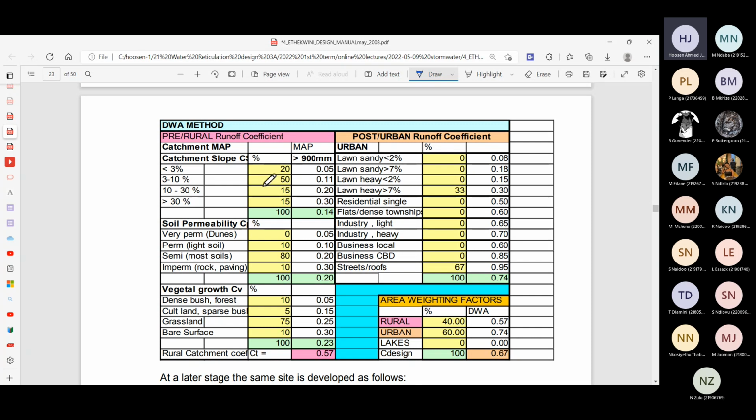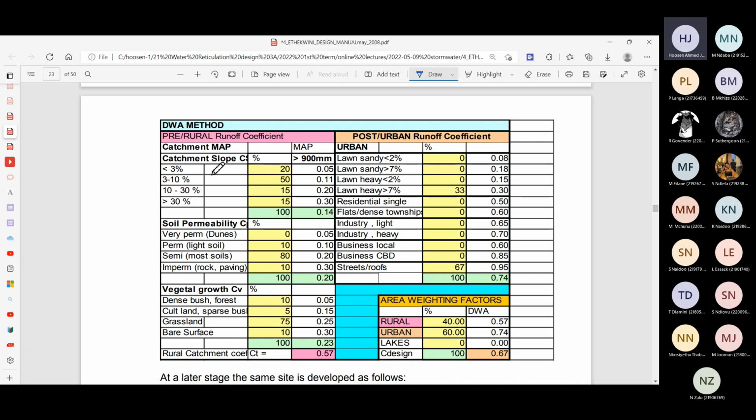If you work out 4 divided by 150, let me take out my calculator and double check that. It's actually 0.0227.